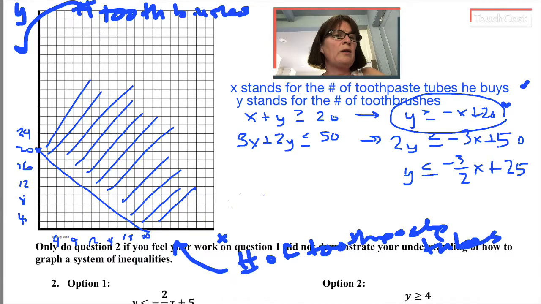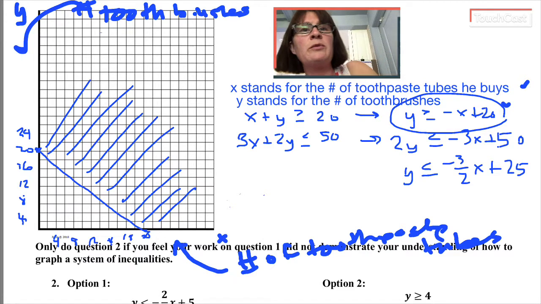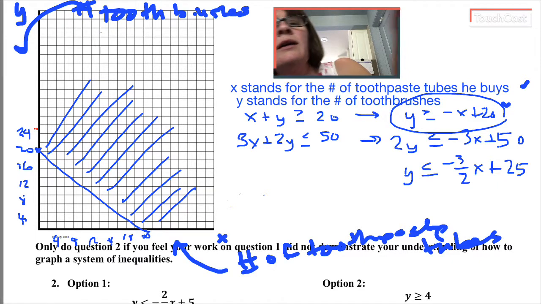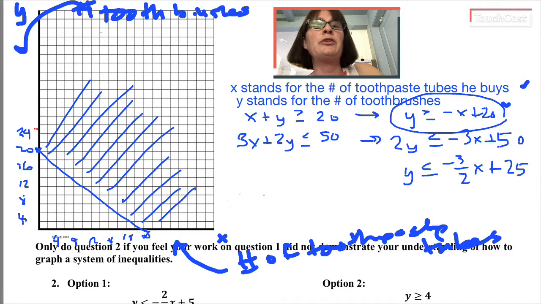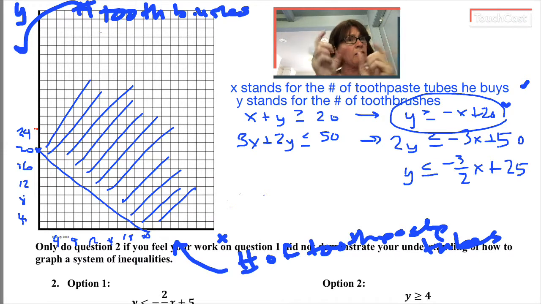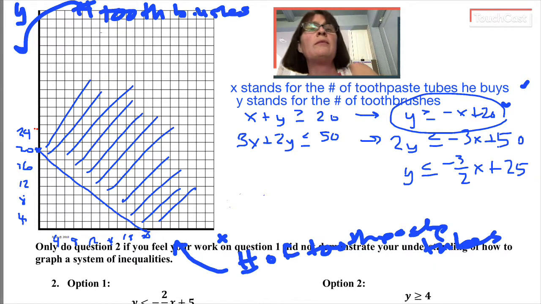The second inequality I'm going to mark in red. I'm going to start with a y-intercept of 25, a little bit higher than my 20. I'm going to come down 3 over 2. Since I have the same scale on both axes, I can just count boxes instead of trying to remember that I counted by 2's and use half a box for every one.